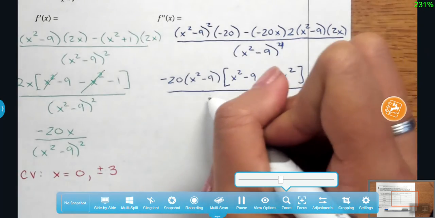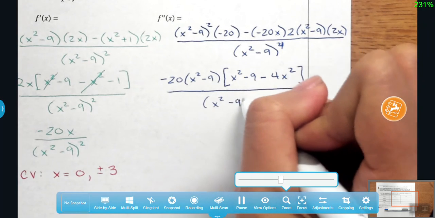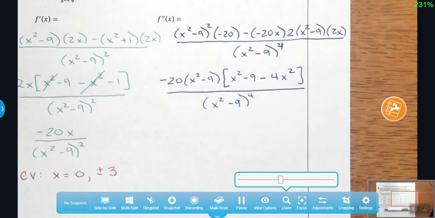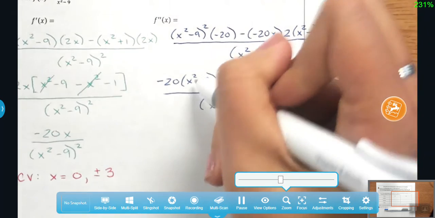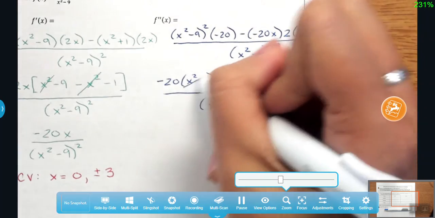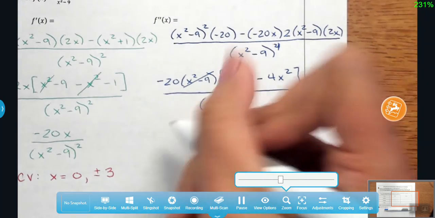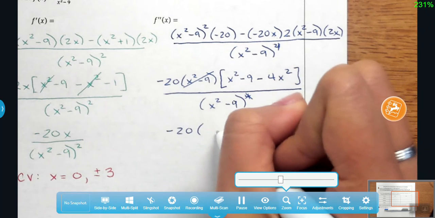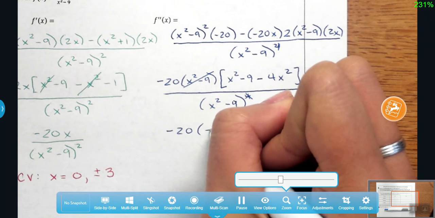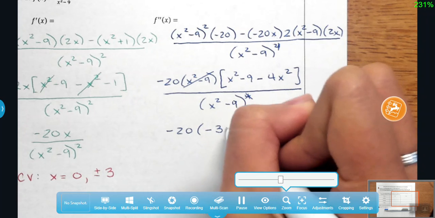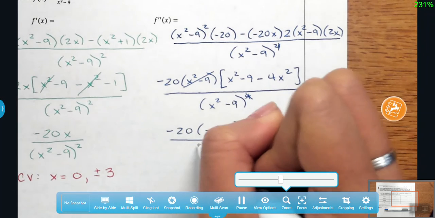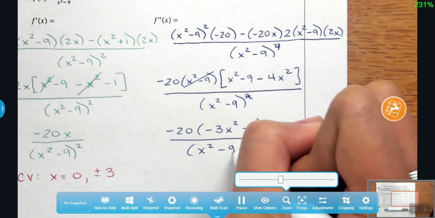All over x squared minus 9 to the 4th. To the third. I'm going to change it to the 3rd by canceling out this one and this one down here. So what I have left is negative 20 and then negative 3x squared minus 9, all over x squared minus 9 to the 3rd.